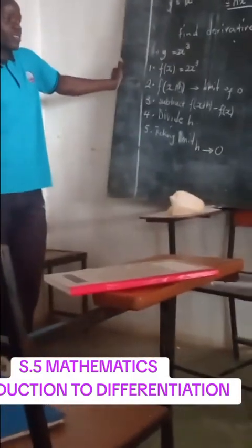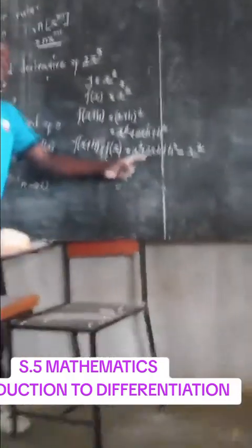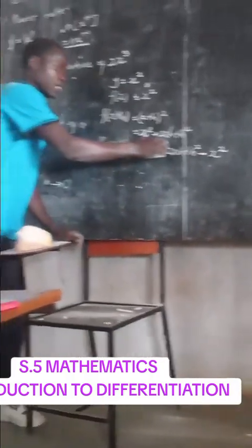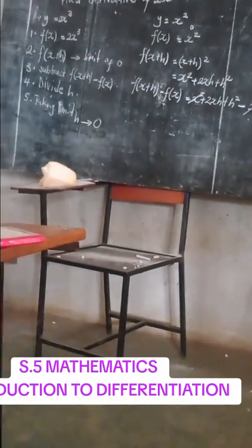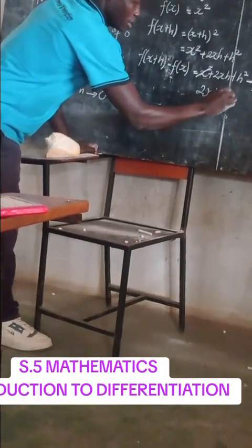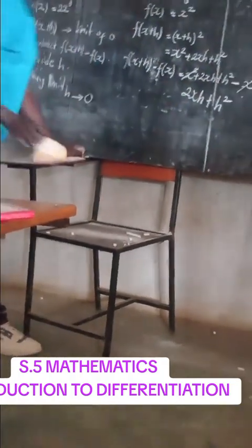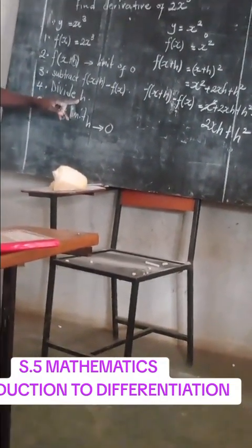Now what is common there? Positive x squared and negative x squared cancel out. And we are left with 2xh plus h squared. Now what is our next step? Is to divide by h.